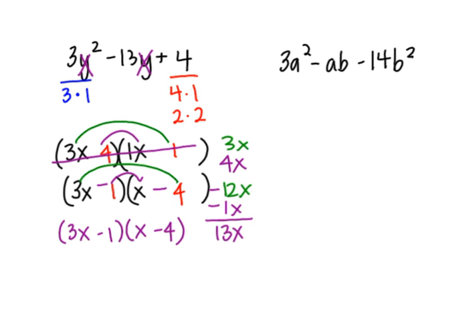Okay, looking at this last one, it has a's on the front and b's on the back. My choices for 3 are going to be 3 and 1, and my choices for 14 are going to be 14 and 1 and 2 and 7. So if I tried 3 times 14, that's 42, and that's really, really big.